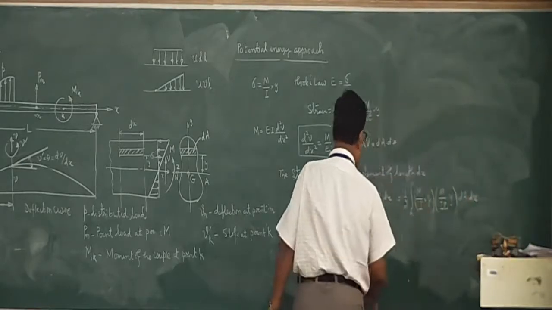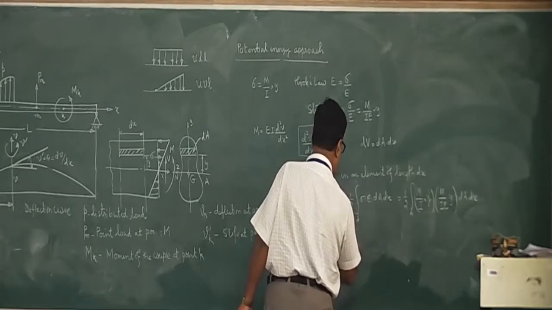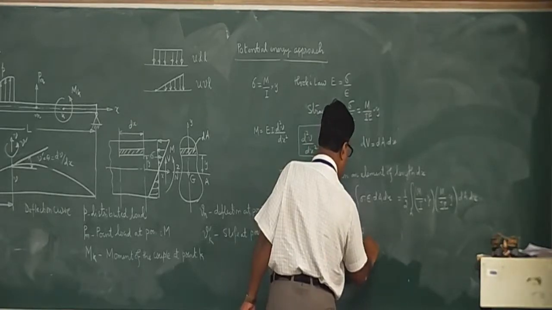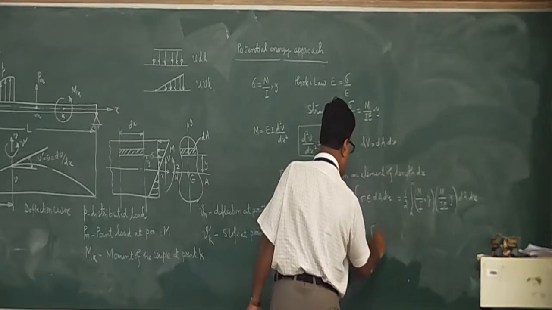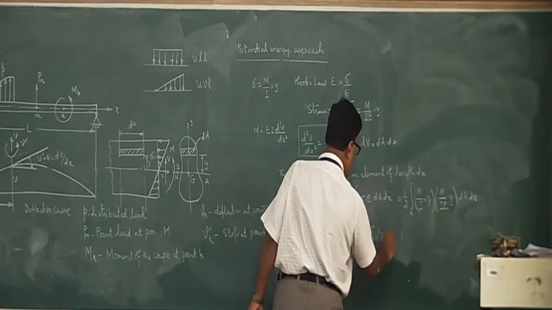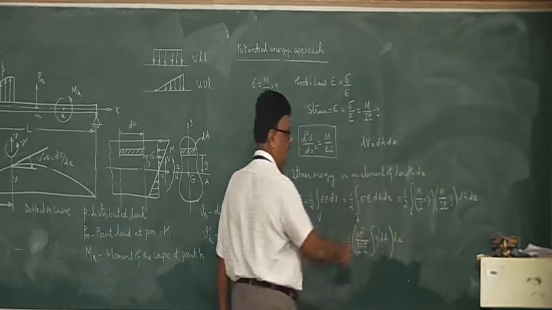So I will rearrange this. What I will get, tell me. If I take this, this is going to be half M square upon I square into E into, I will shift this integration sign here, and Y square dA I will write here, and all this I will multiply by dx here, like this.